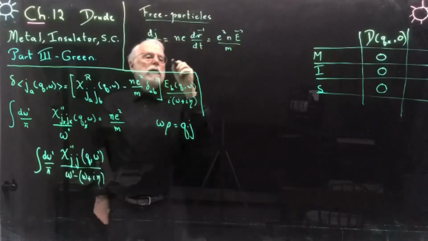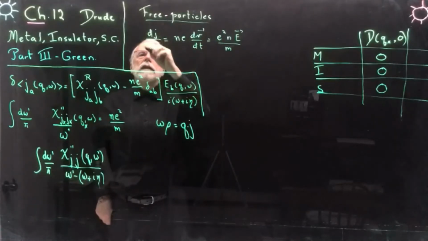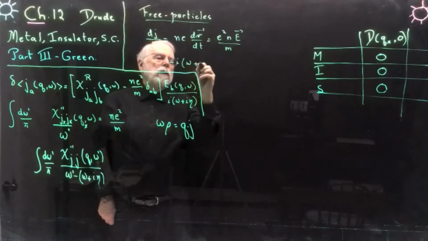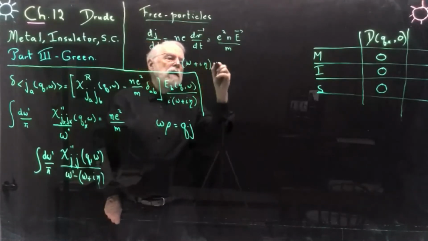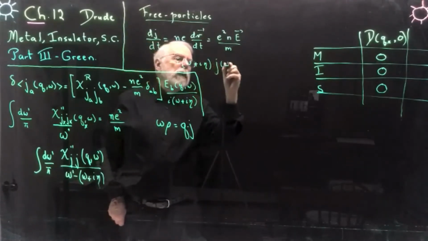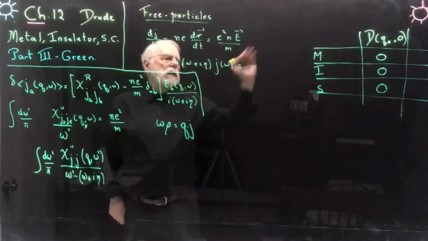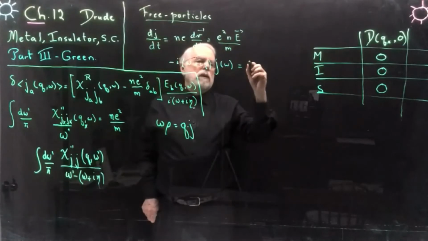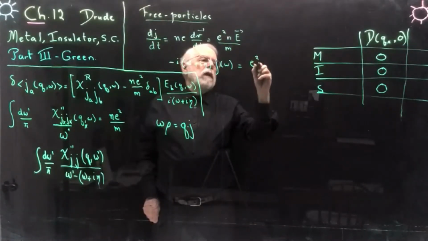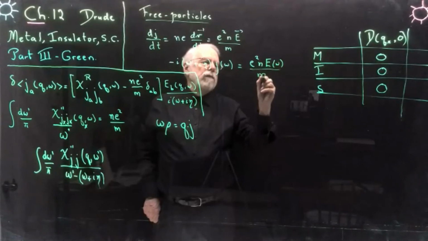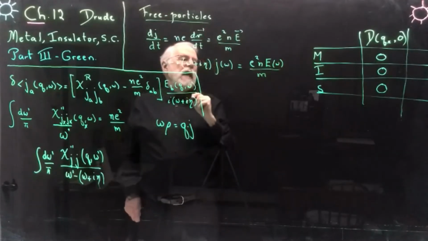Now, if I go to Fourier space, it gives me minus I omega plus I eta times j of omega. So this is q equals 0, just a uniform response. And that's equal to e square ne of omega divided by m.